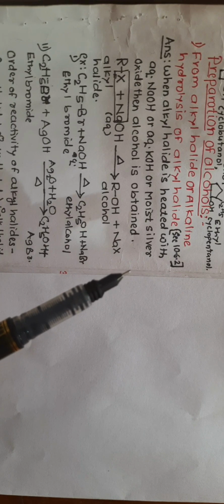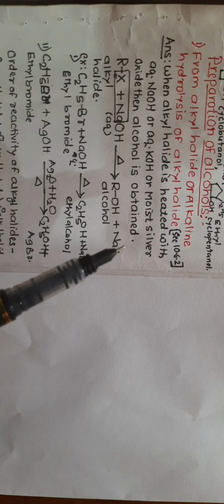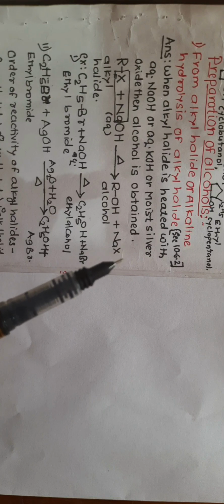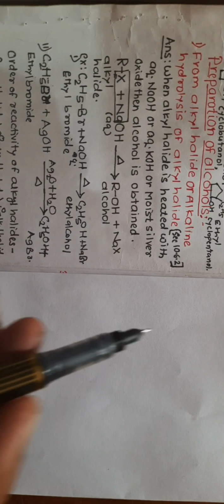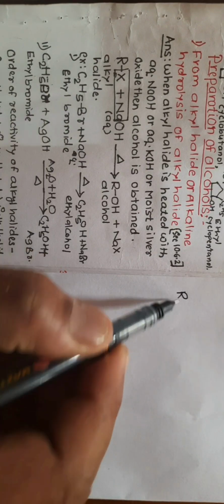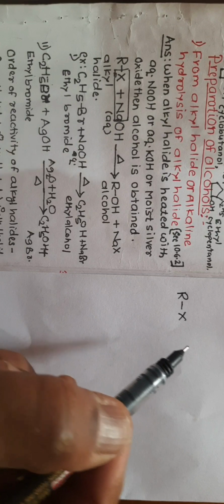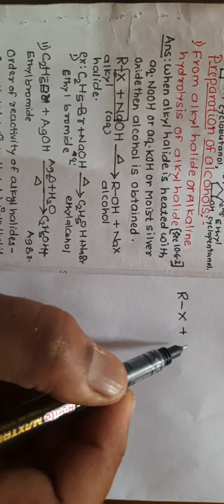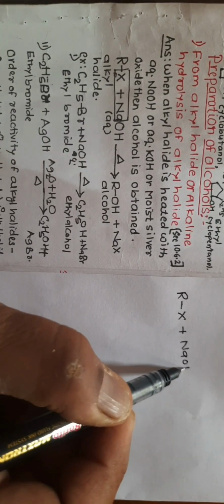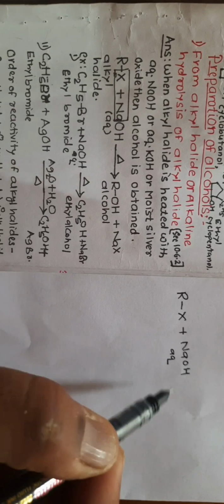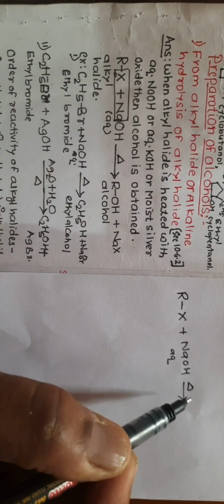Now, alkaline hydrolysis: when an alkyl halide is heated with aqueous alkali like NaOH or KOH, or instead of NaOH and KOH we can also take moist silver oxide, then alcohol is obtained. See here, R-X is the general formula of an alkyl halide. When it is heated with aqueous NaOH, the reaction is very simple.